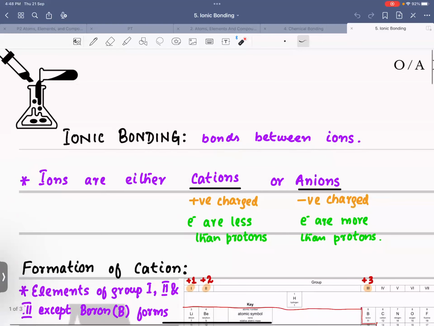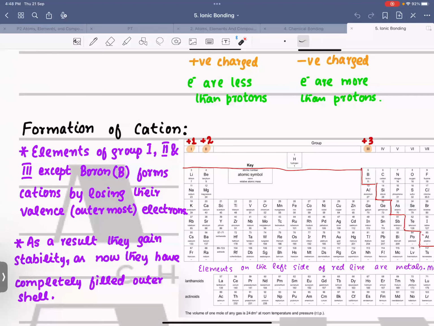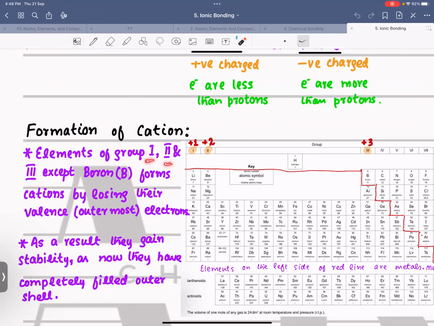Now, put a heading of formation of cation. Cation means an ion with a positive charge, which is formed by the loss of electrons. The elements present in group 1 and group 2, and from group 3 except boron, are going to form cations by using the electrons in their outermost shell.